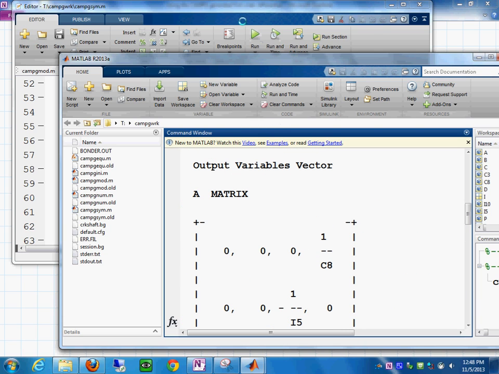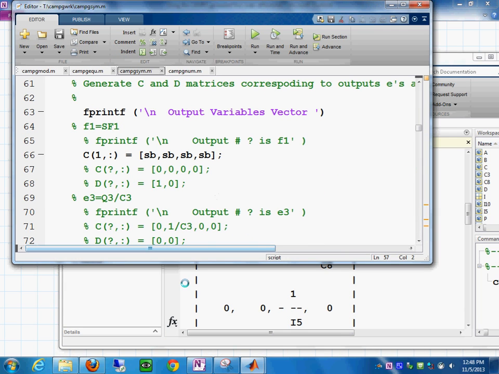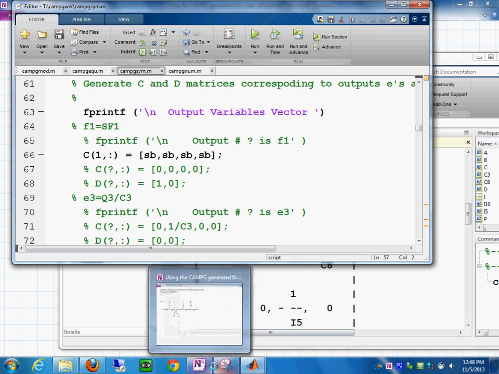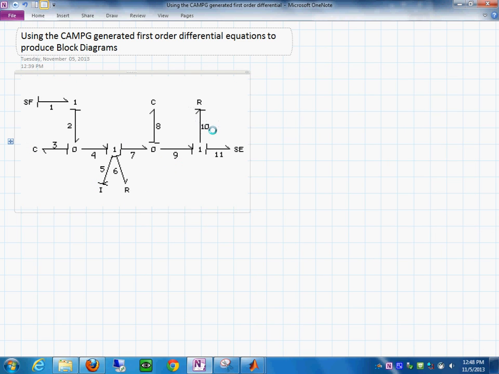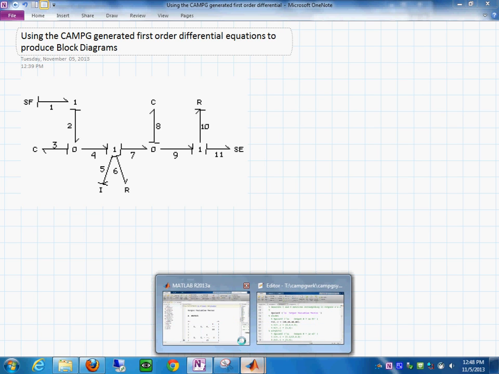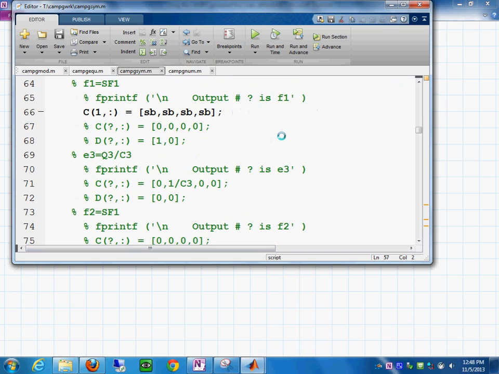But I think if you want to, in this case, we can go back to our notes in here. For example, if the output were to be the volume flow rate F10 and also the pressure on the tank E8, we could have those outputs E8 and F10.